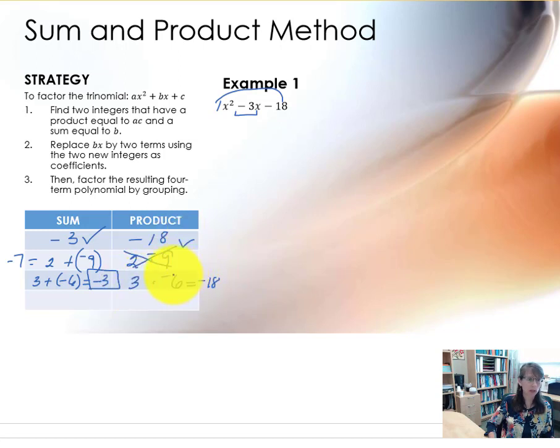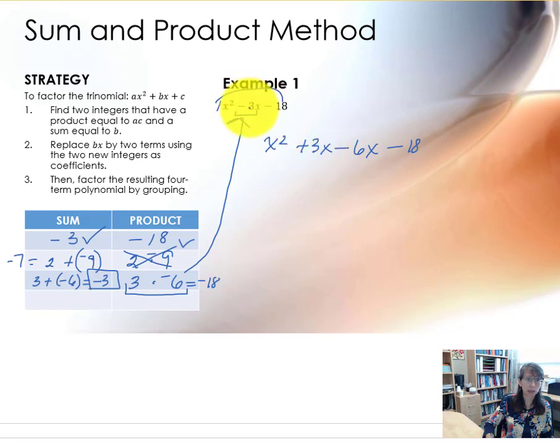So what this tells us is the factors of positive 3 and negative 6 are going to replace the middle term in our original trinomial. So we really are going to work with x squared plus 3x minus 6x minus 18. Notice that I replaced the middle term with the factors from our table.